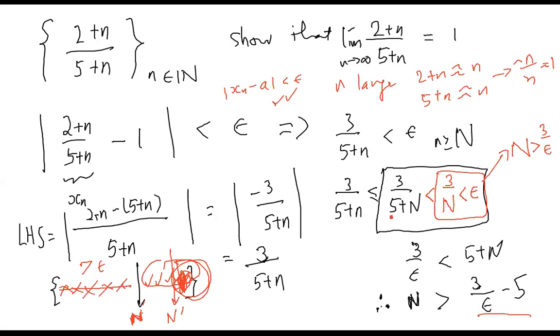So this will also work. Either you give this solution or you give that solution. It is okay. This solution is like you take everything, because 3 over epsilon minus 5 means you are taking something that is more, whereas this one, you are basically just taking something towards the tail. But it doesn't matter. It's actually the tail behavior that is important.